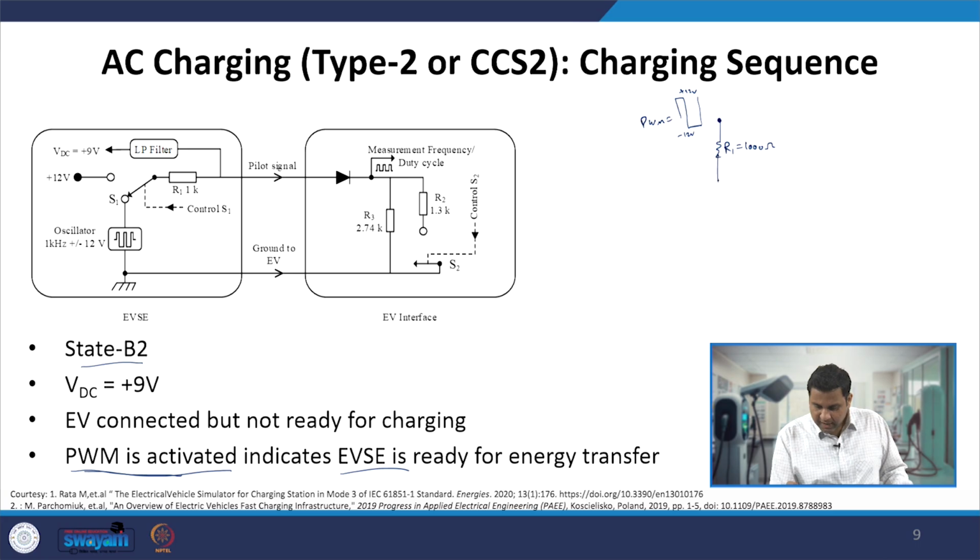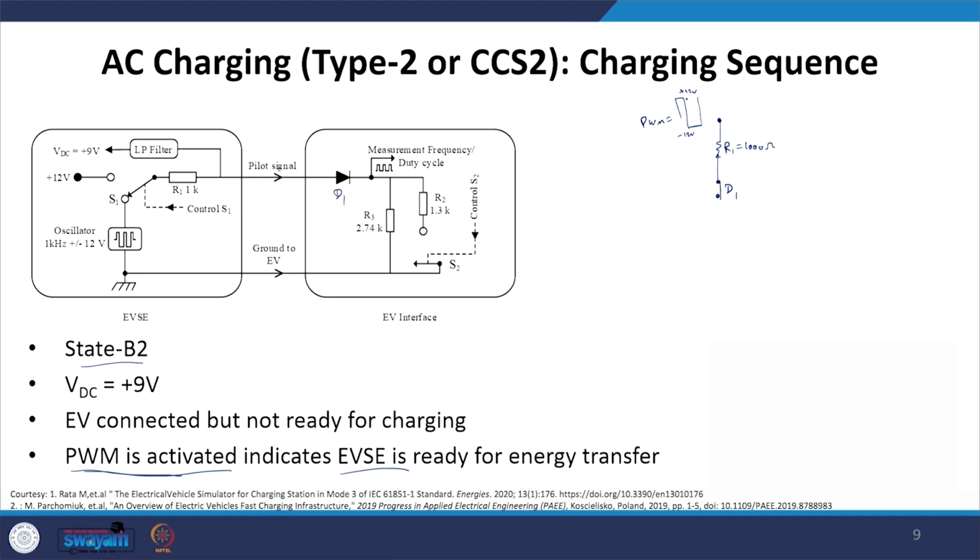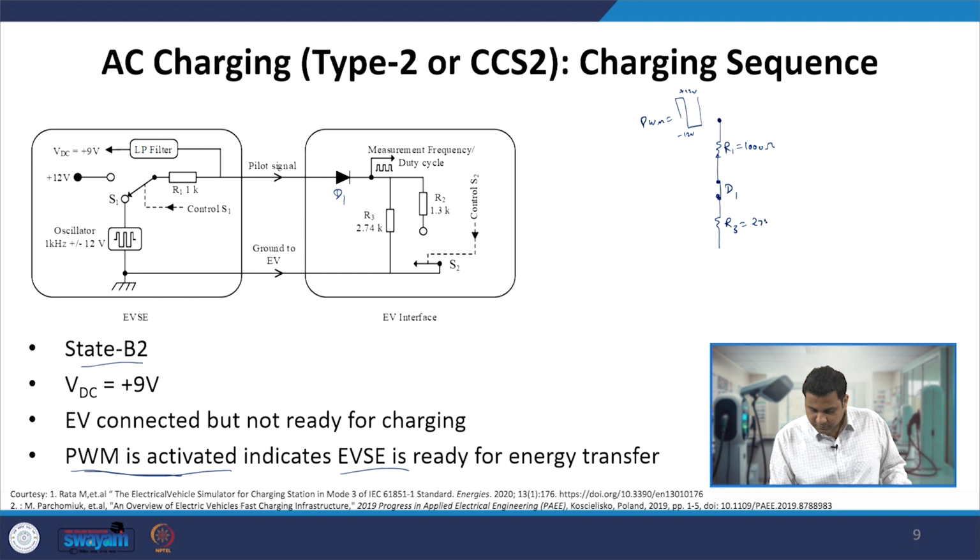R1 is 1000 ohm, and the diode D1 gets forward biased. Again, diode D1 gets forward biased only whenever we have the positive voltage. During the negative voltage, the D1 gets reverse biased. So that means we only have the positive voltage, which is then applied through the R3 resistance to the protective earth.